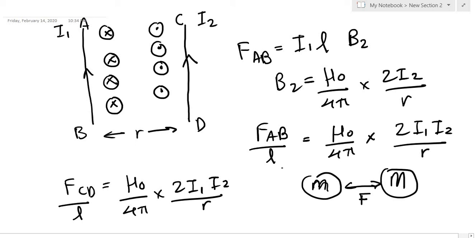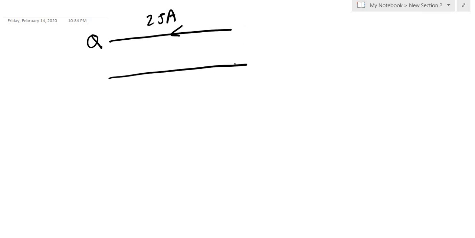So let's do one numerical question on this thing. So say you have a wire on top, Q, 25 amps of current, and a wire below it in the opposite direction, P, 50 amps of current. Now since this is on top, this has a weight.